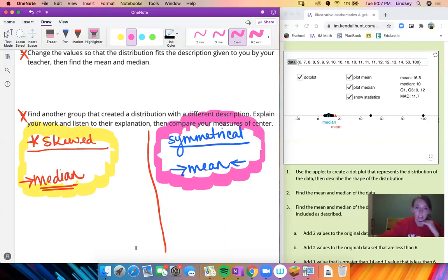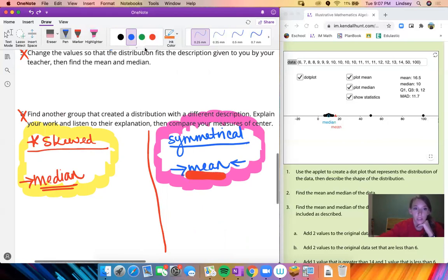That's the big thing this whole lesson is wanting you to see: why you use median with skewed and why you use mean with symmetrical, because the mean is so easily affected by the extreme values from skewed data.